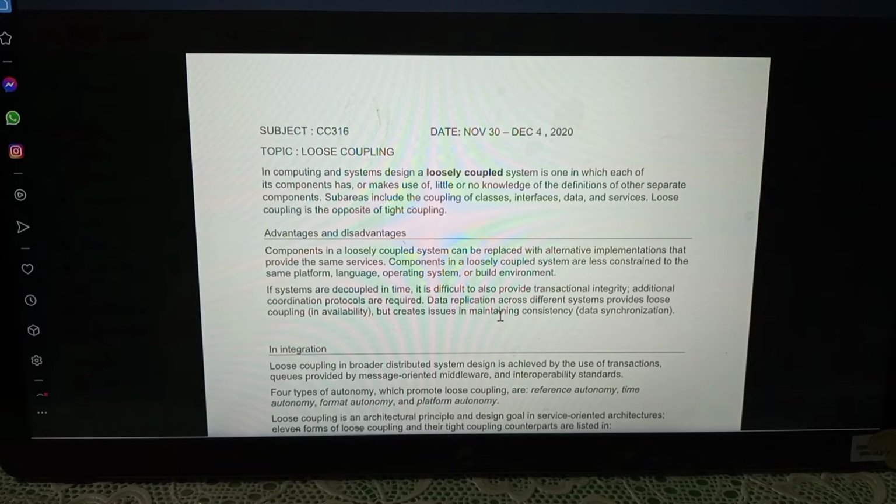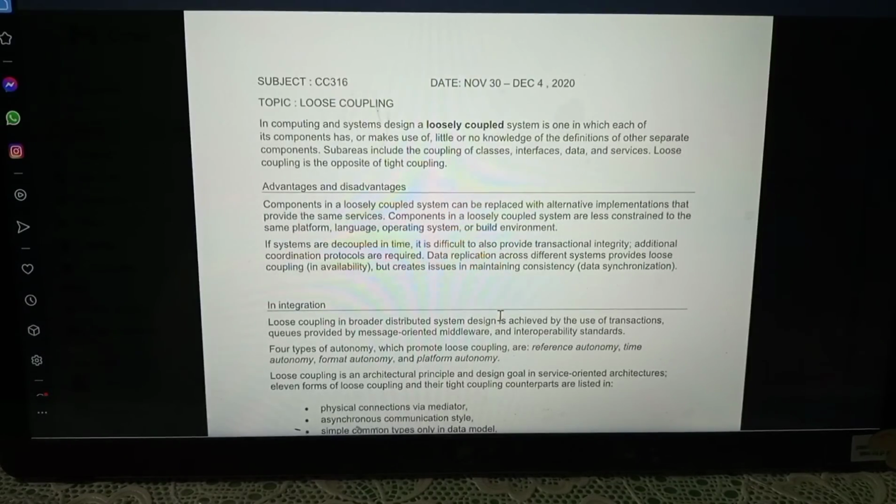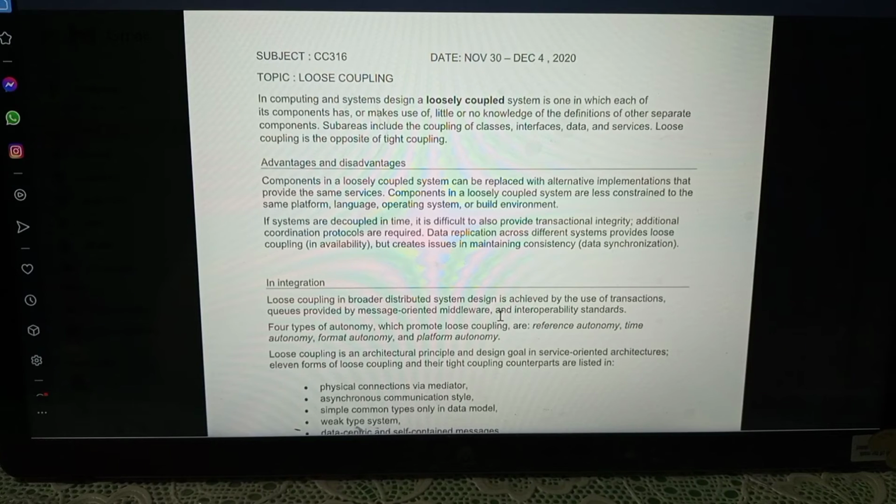Data replication across different systems provides loose coupling or availability but creates issues in maintaining consistency, data synchronization. In integration, loose coupling in a broader distributed system design is achieved by the use of transactions, queues provided by message-oriented middleware, and interoperability standards.